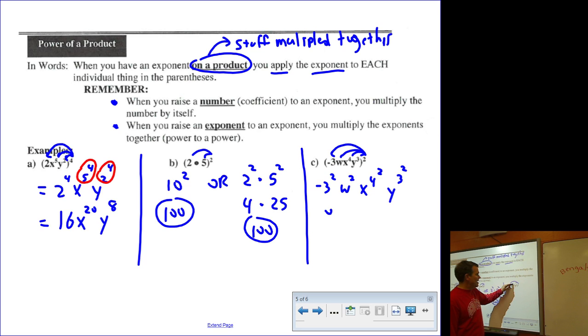Negative 3 to the 2nd, positive 9. W to the 2nd is, of course, w to the 2nd. Again, here I have a power to a power, so I'm going to multiply those and get x to the 8th. And here I have a power to a power, so I'm going to multiply those and get y to the 6th. And I have now applied the exponent to each thing in parentheses.